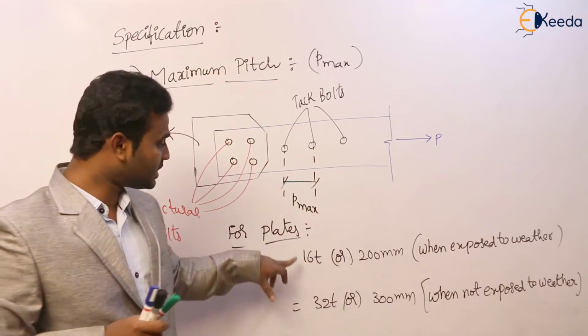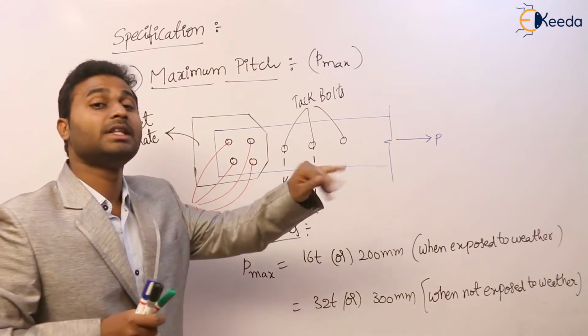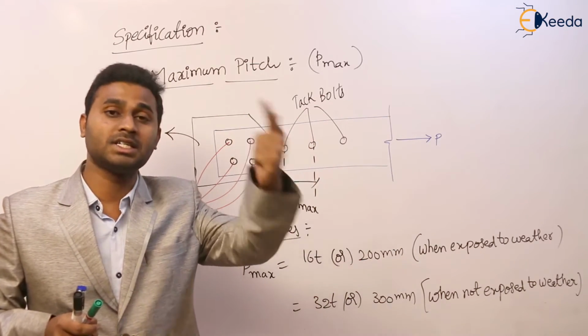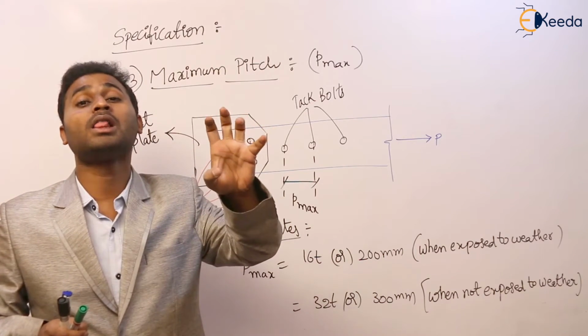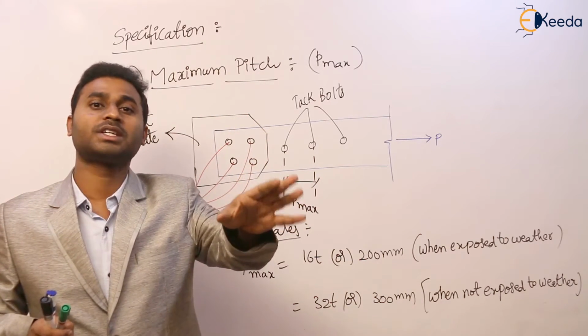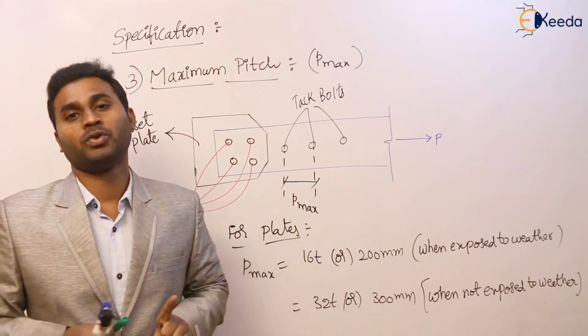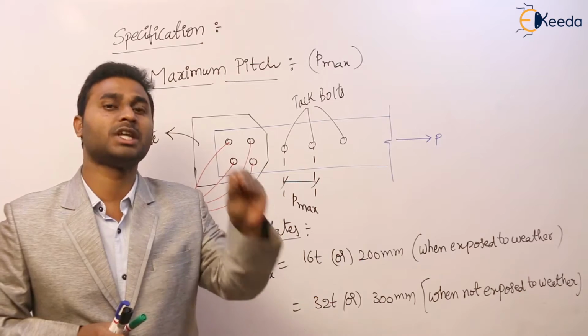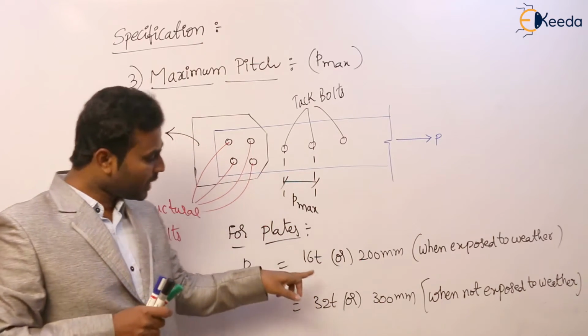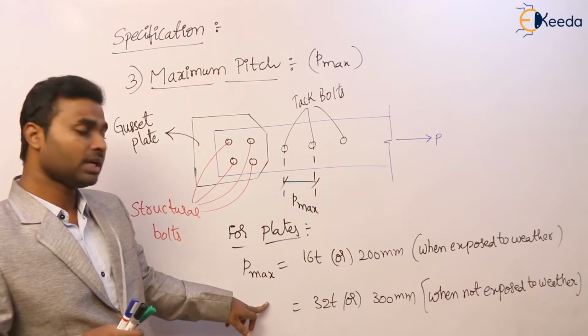For plates, this is the maximum pitch for tag bolts. But there exist other sections like I, T, angle, channel, flats, etc. For all those sections, there exists only one provision for maximum pitch for tag bolts. Plate is exceptional.